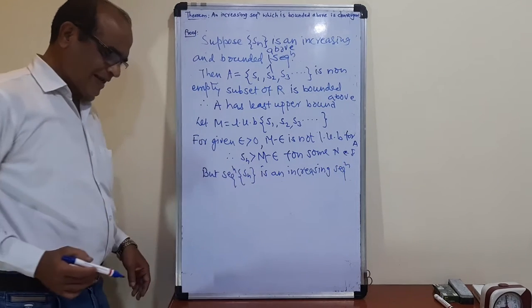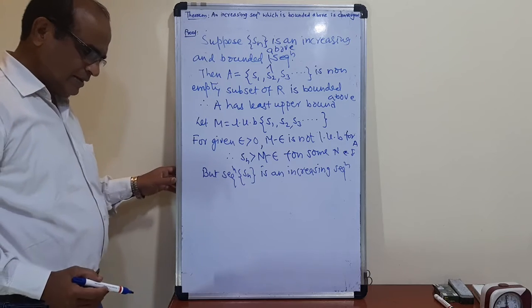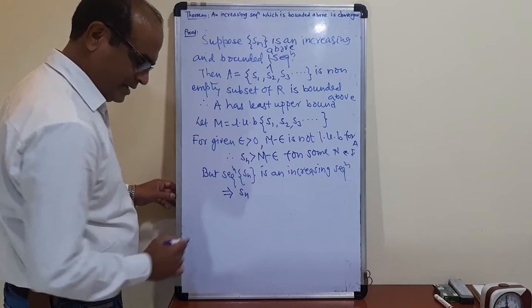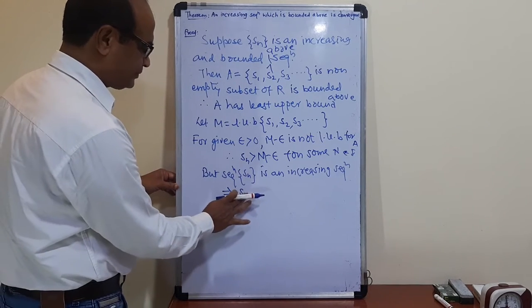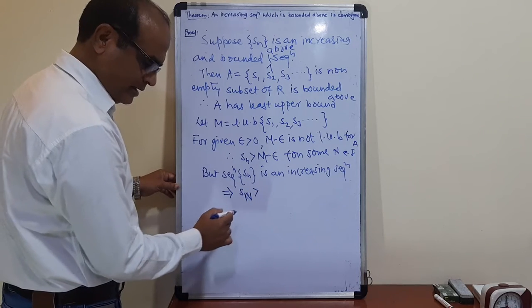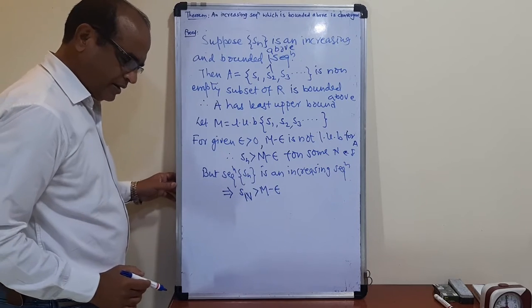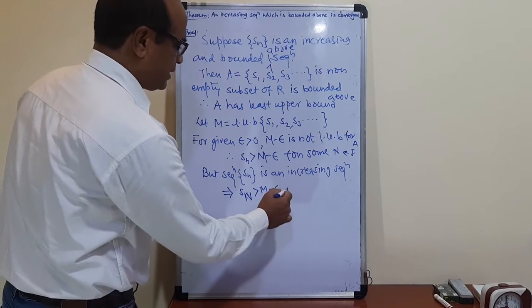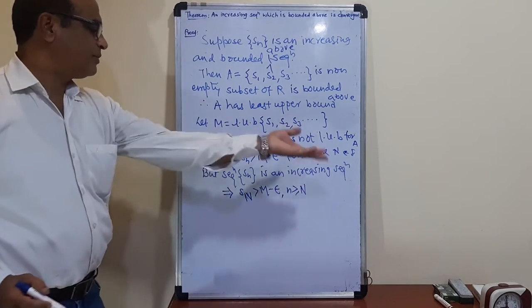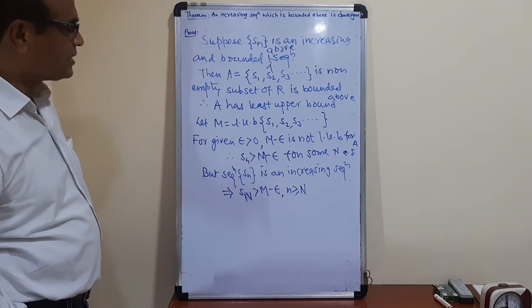But the sequence Sn is an increasing sequence. Therefore, this implies that Sn is greater than m minus epsilon, where n is greater than capital N. After capital N, Sn is greater than m minus epsilon.